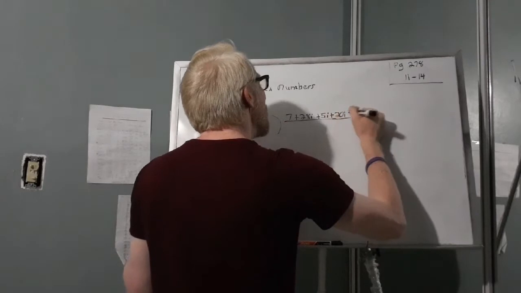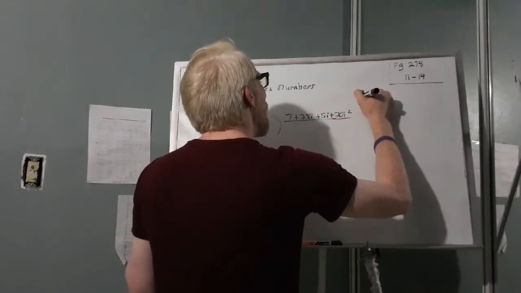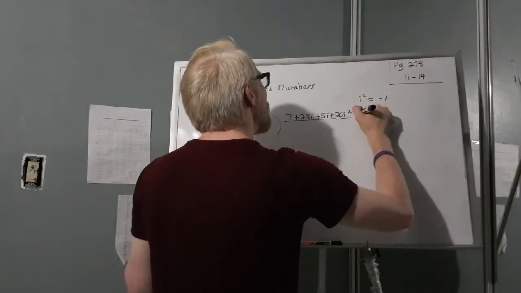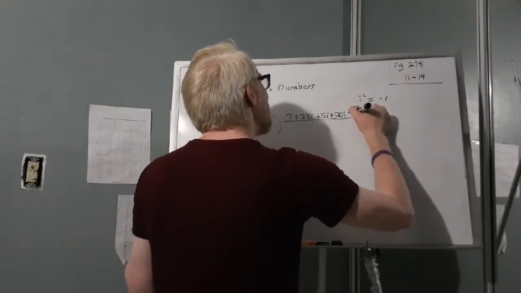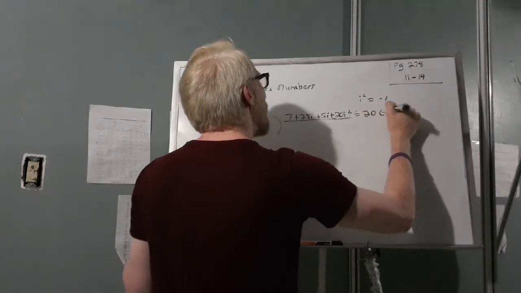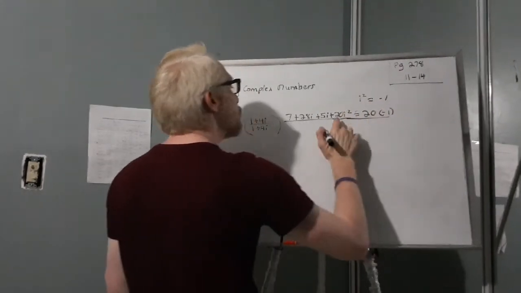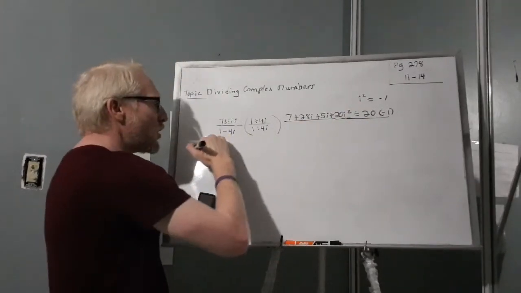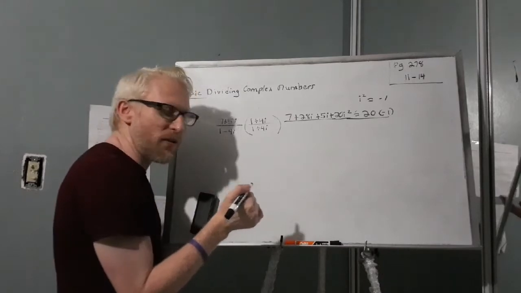Remember that whenever you have i squared, it actually means -1. So in reality, 20i squared is actually 20 times -1. Next we're going to FOIL the denominator and then simplify everything.